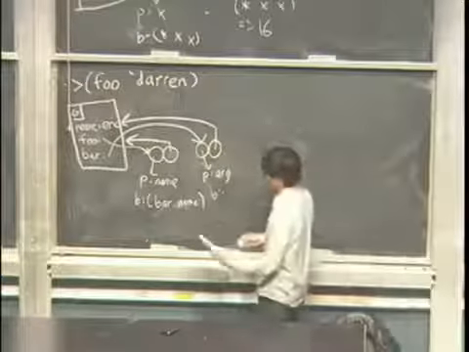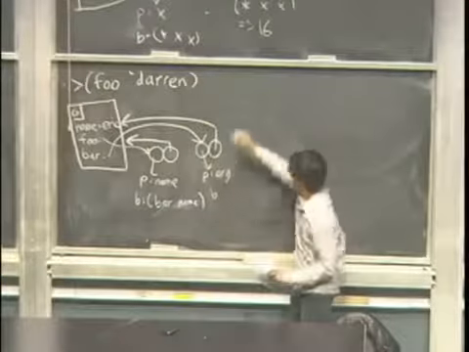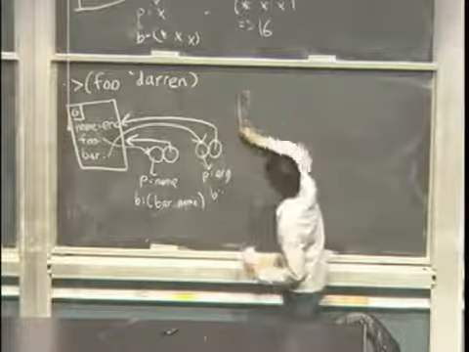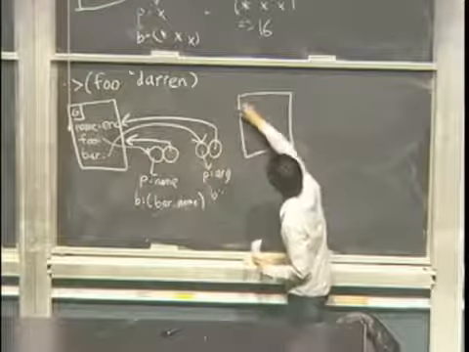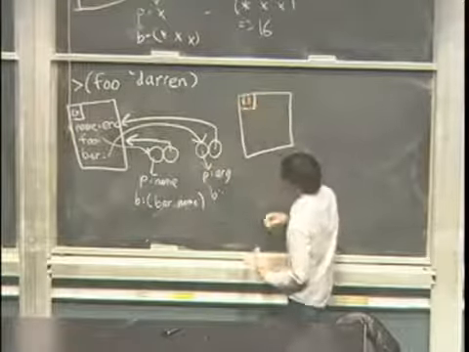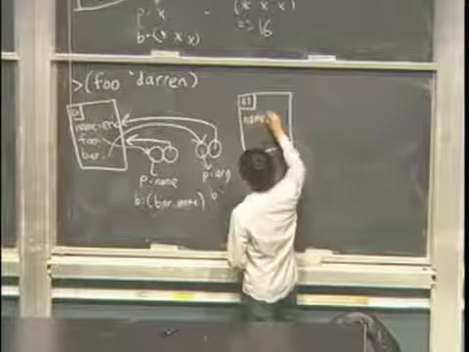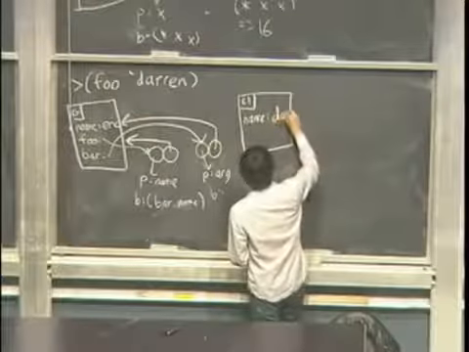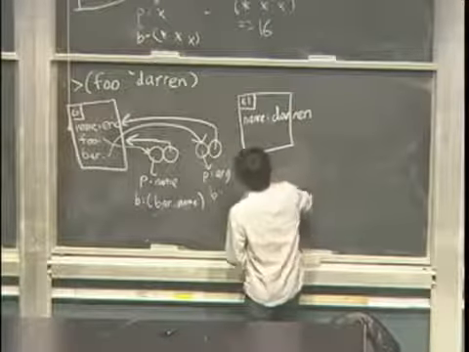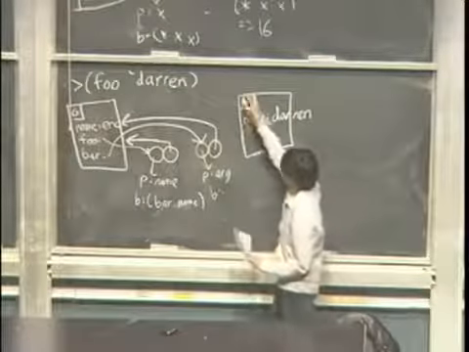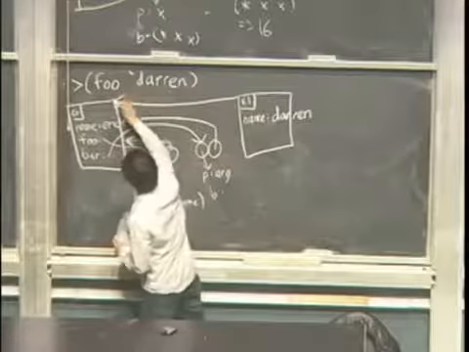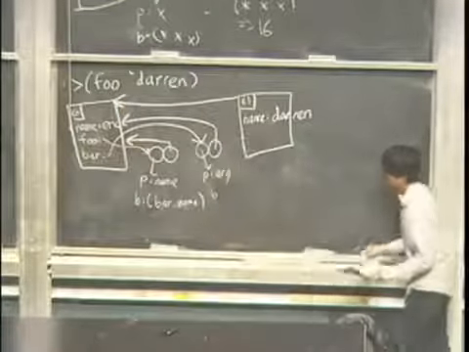Okay, so I say foo Darren. We're doing a procedure call, so we create a new environment with the formal parameter name bound to whatever we pass in, in this case Darren. And we'll just say that this points to the global environment at the moment.